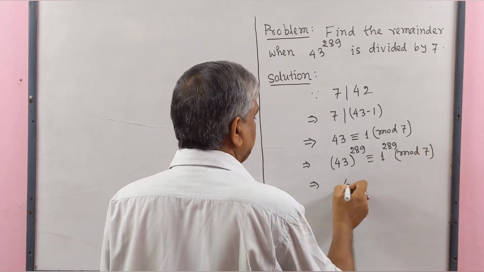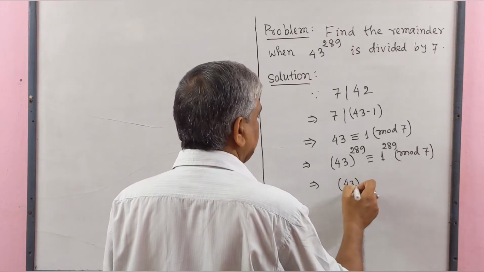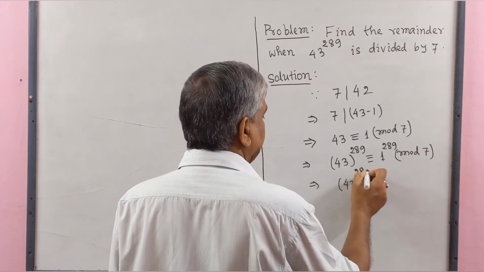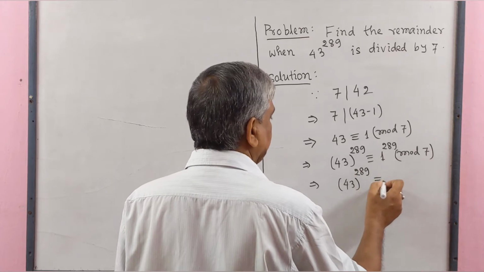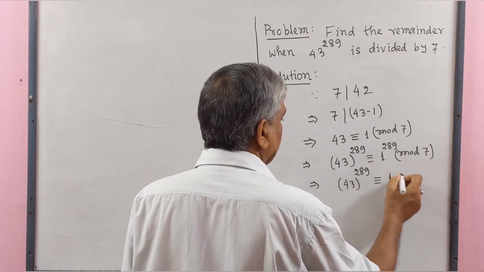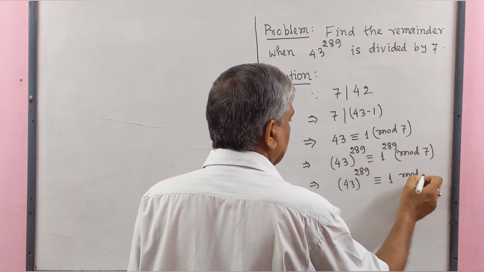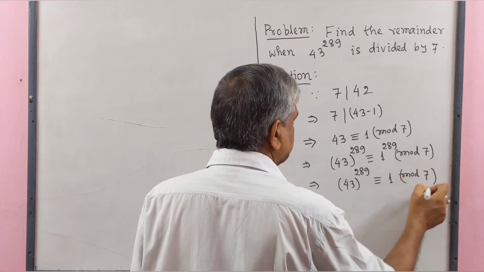implies that 43 to the power 289 is congruent to 1 modulo 7.